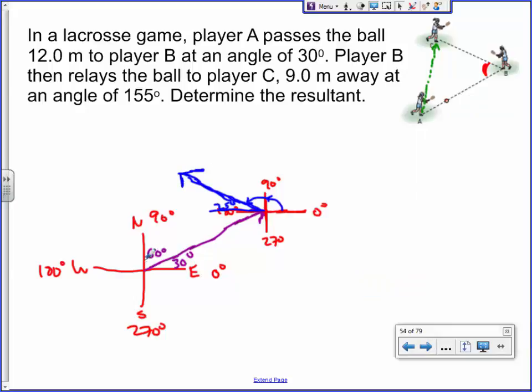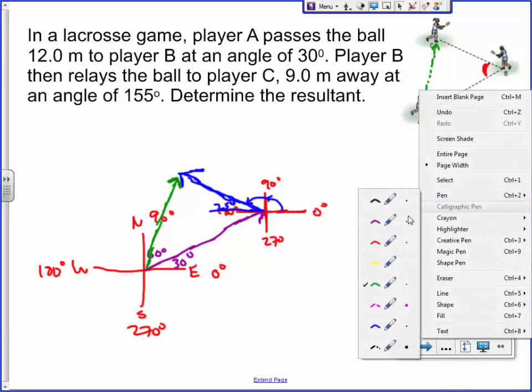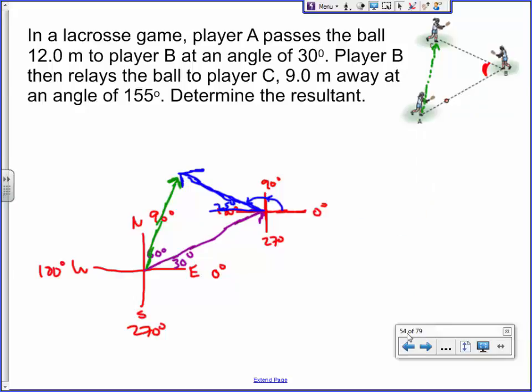And I'll use green. So what we're looking for now is the resultant. How far is it from here to there? I hope my diagram's a little bit better than the small one up there in the corner. I'm going to start labeling things now. I'll use a black pen now for labeling.